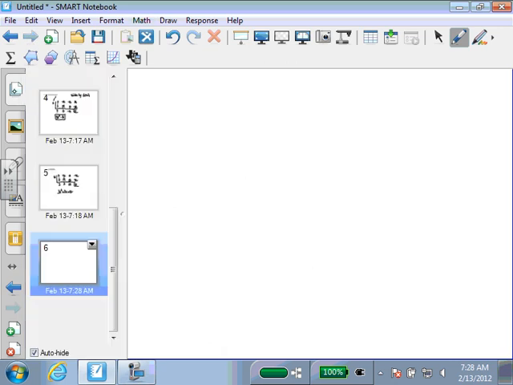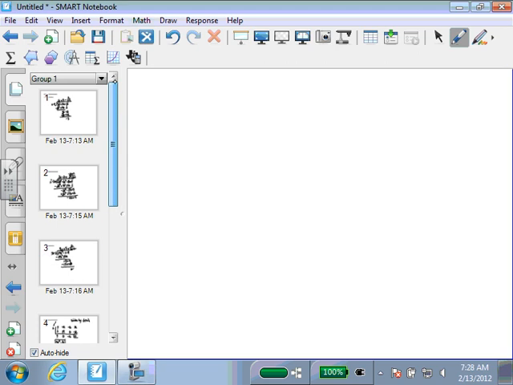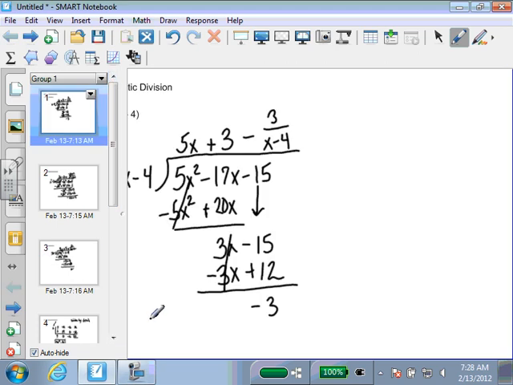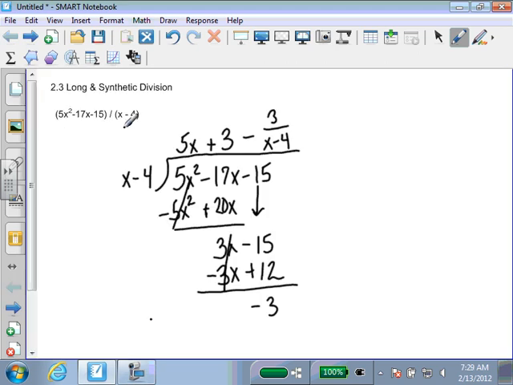Okay, so let's go back to some of our earlier problems and see if we could have done them synthetically. This particular problem could have been done synthetically. We would have had 5, that's our x squared term, negative 17, negative 15, and since x minus 4 is our factor, 4 is our 0.